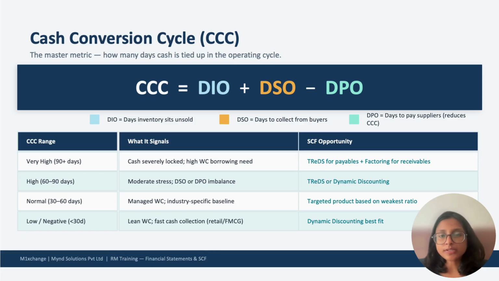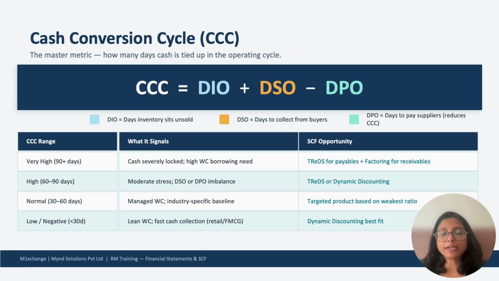So, what is the formula here? The formula is your DIO plus DSO minus DPO, right? So DIO, I said, is for how long the inventory sits in the warehouse. DSO is for how long the receivables take to collect after the sale happens, and DPO is for how many days the supplier credit is used, right?